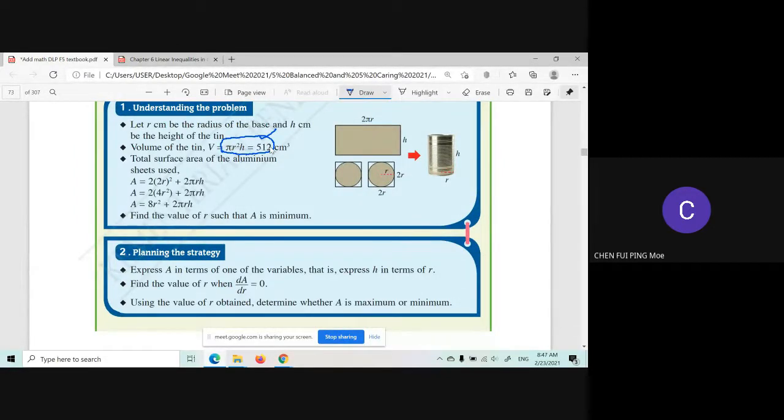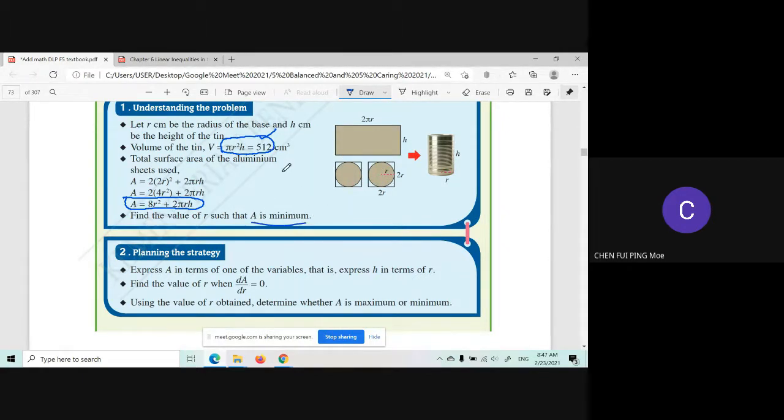So we form the formula first for total surface area. A equals 2 times the area of the square, plus the area of this rectangle, which is 2 pi r times h, so 2 pi r h. Simplify, and you will get the total surface area in this formula. The question says, find the value of r such that A is minimum.